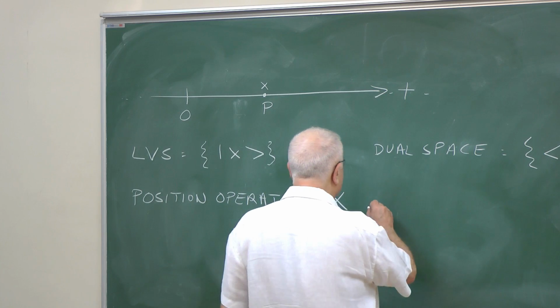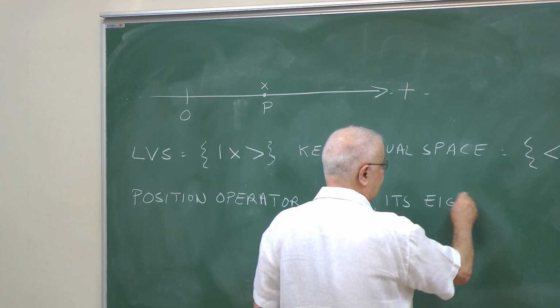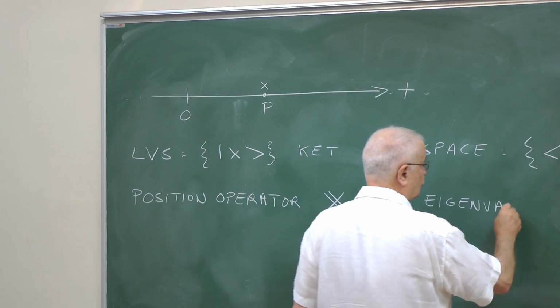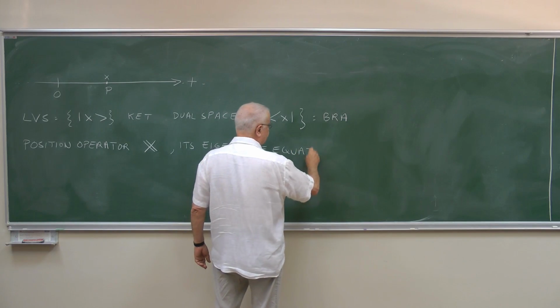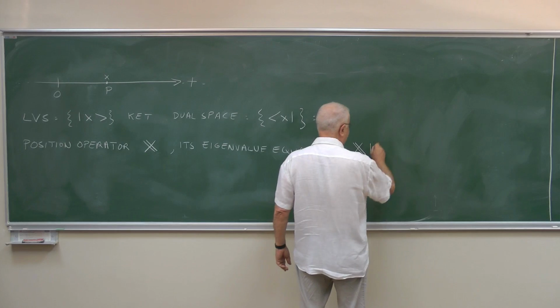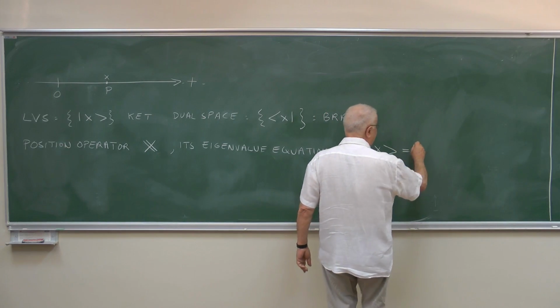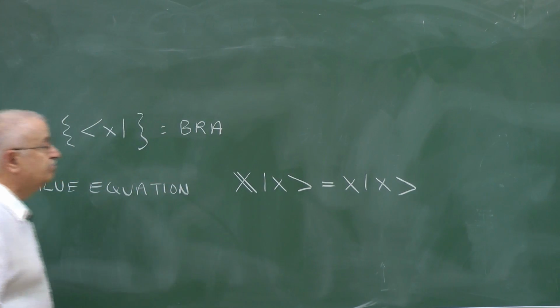And its eigenvalue equation: the operator hits a ket and gives me the eigenvalue times the same ket.